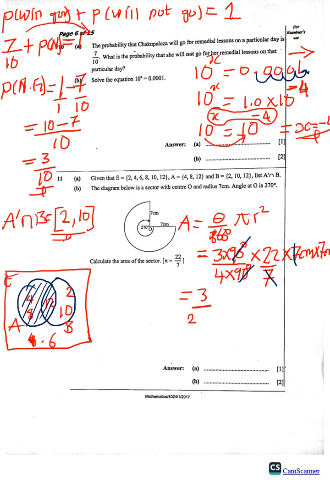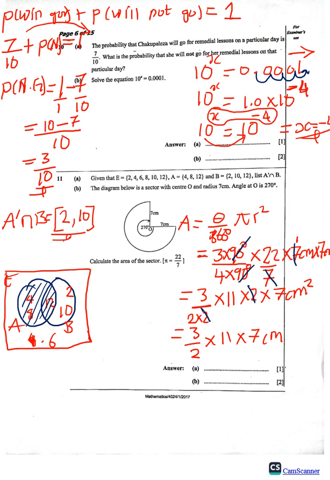4 is the same as 2 times 2. Then 22 is the same as 11 times 2. Then times here we have 1. So 1 centimeter times 7 centimeter is 7 centimeter squared. So we can cancel here and also here. Then we have 3 over 2 times 11 times 7 centimeters.